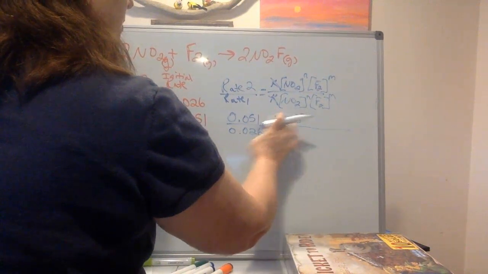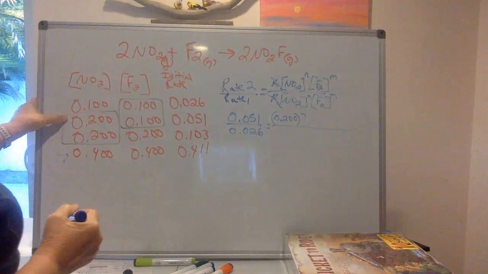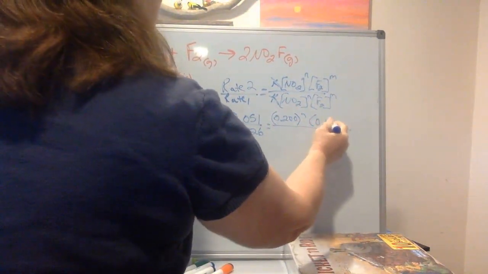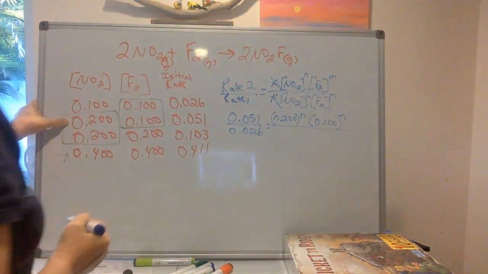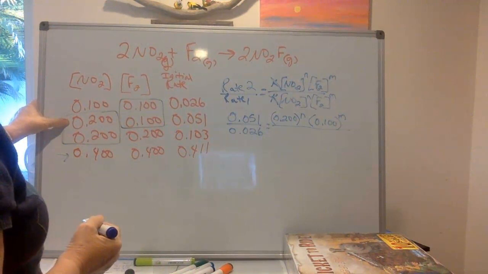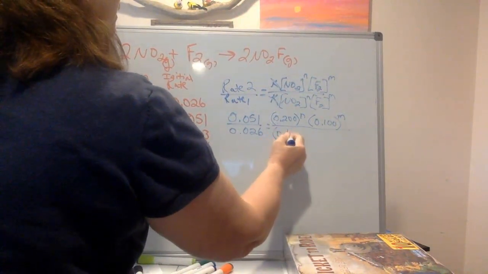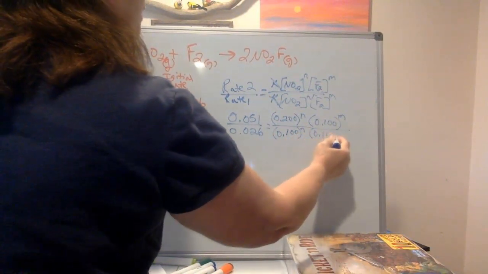I can use parentheses now. The concentration for F2 is 0.1 to the m. For the first one, it's 0.1 to the n and 0.1 to the m.